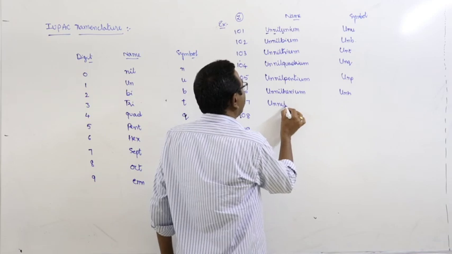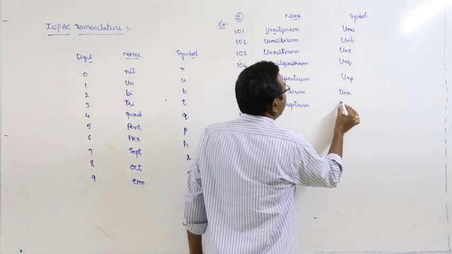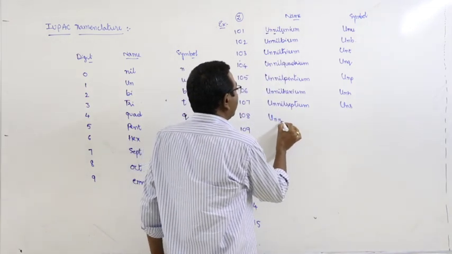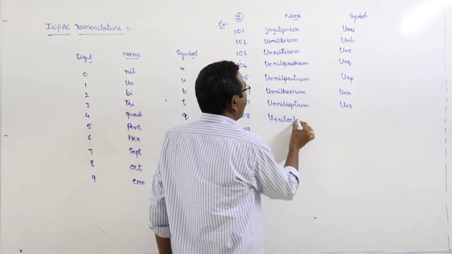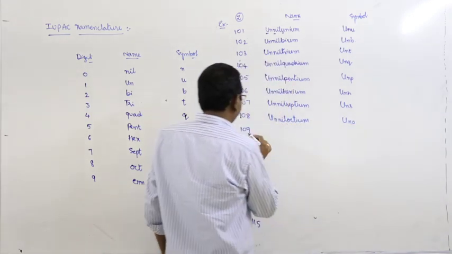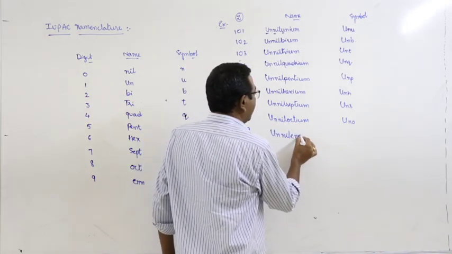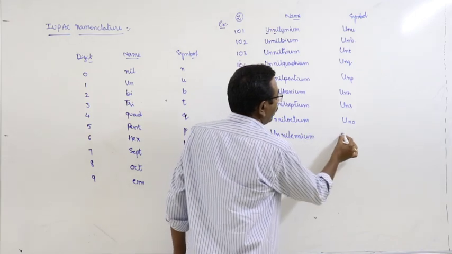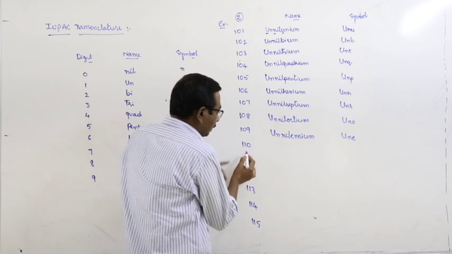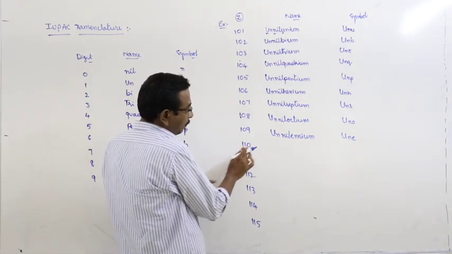Un, nil, septium, UNS. Un, nil, octium, UNO. Un, nil, ennium, UNE. And this is once again here the name is approached a different way.